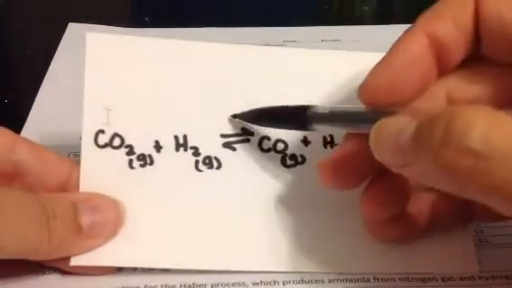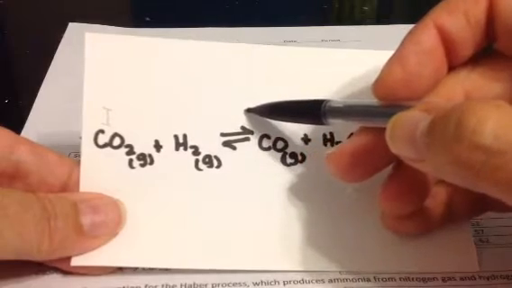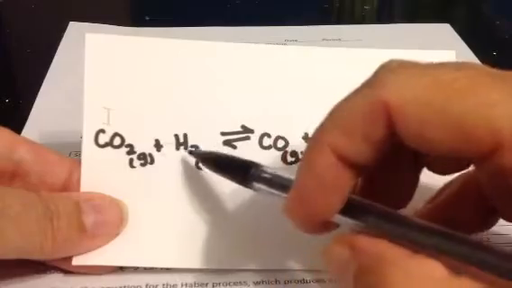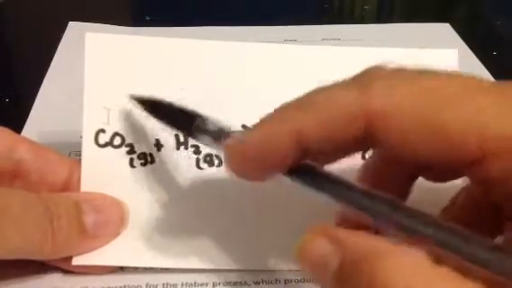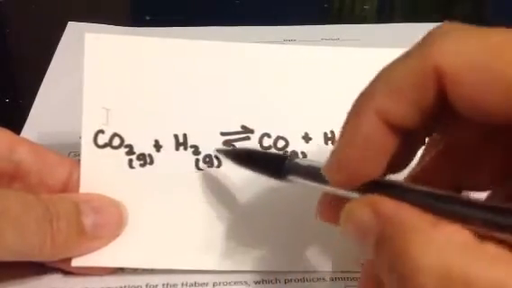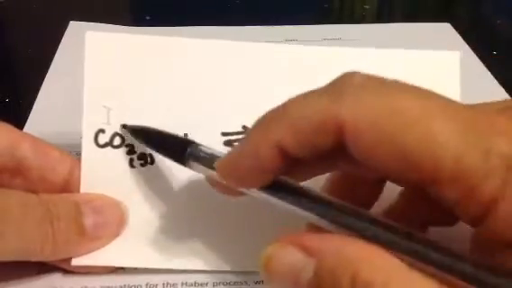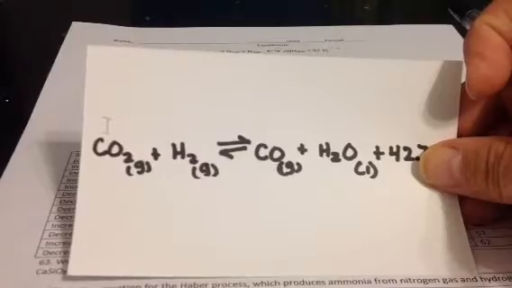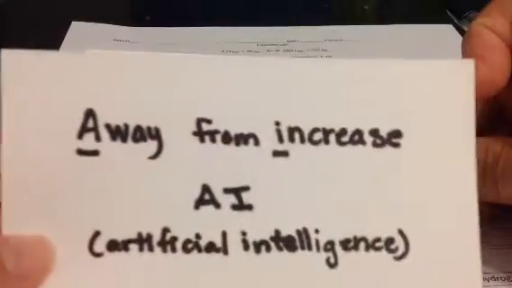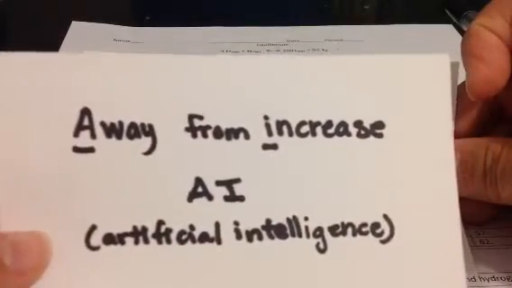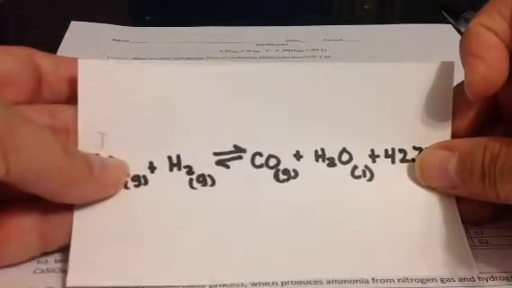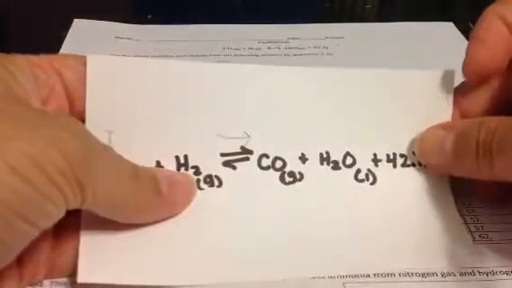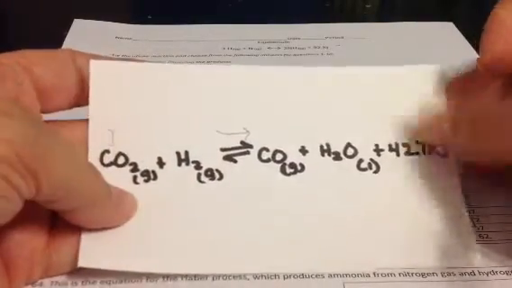Then I'm going to go to the middle of this equation, because this is where my arrow is going to be drawn every time. Don't draw it right next to it, or you're going to get confused, because this is on the same side as that guy. So you've got to go to the middle here, and the rule is you go away from an increase. I'm going to draw an arrow leading away from this I that I just said is going to increase.